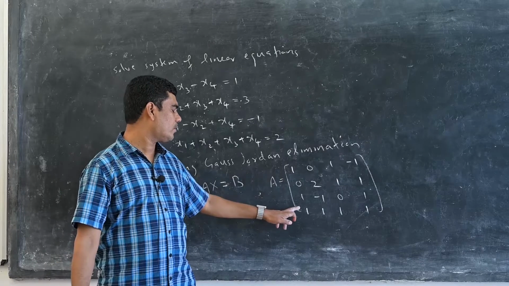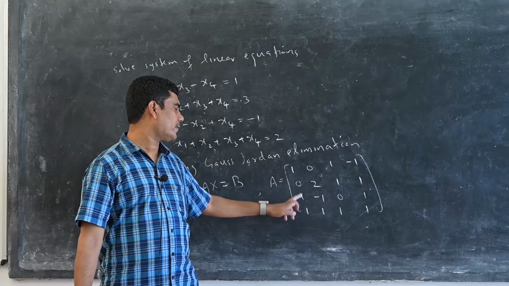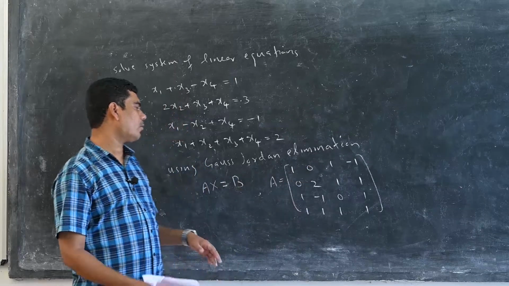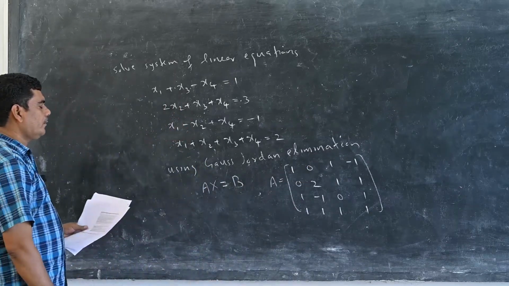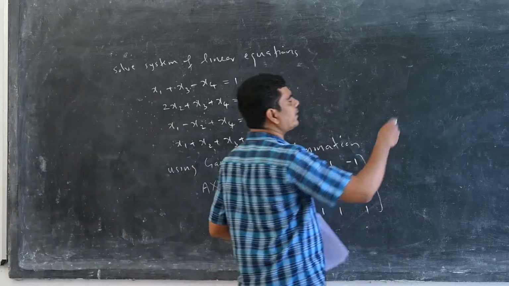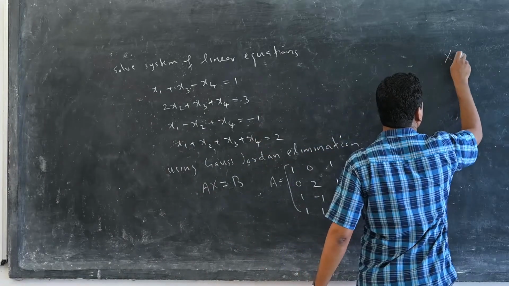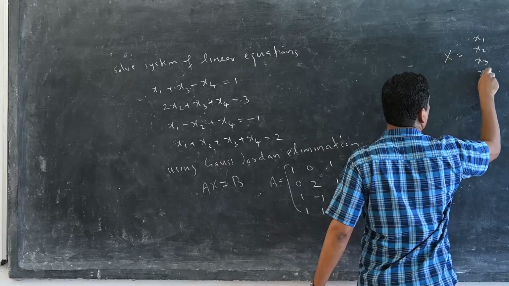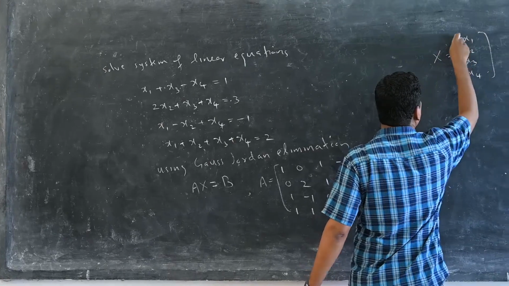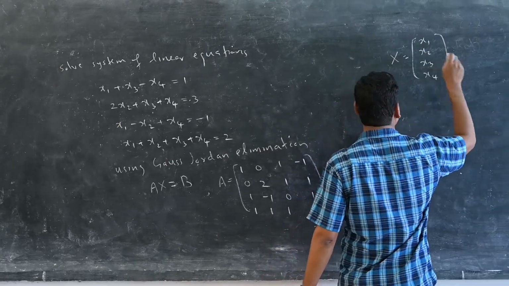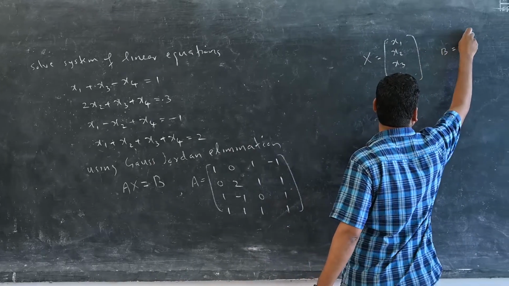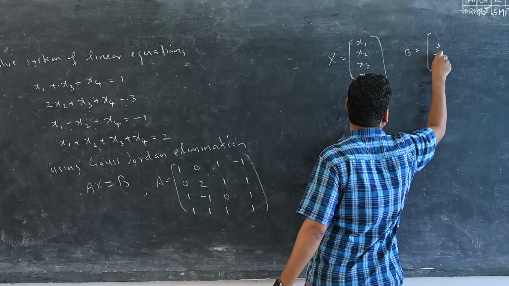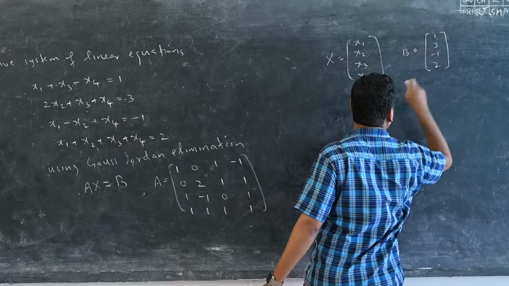First column is coefficients of x1, second column is coefficients of x2, third is coefficients of x3, and fourth column is coefficients of x4. X is the column matrix of unknowns. Here there are 4 unknowns, x1, x2, x3, x4. B is the constant matrix: 1, 3, minus 1, 2.